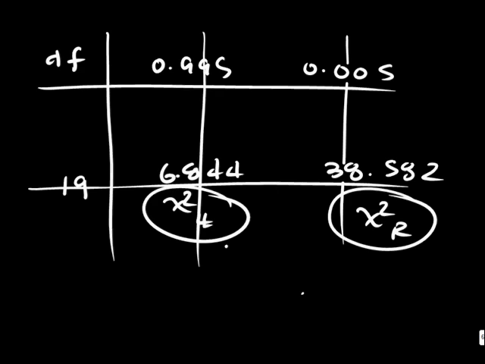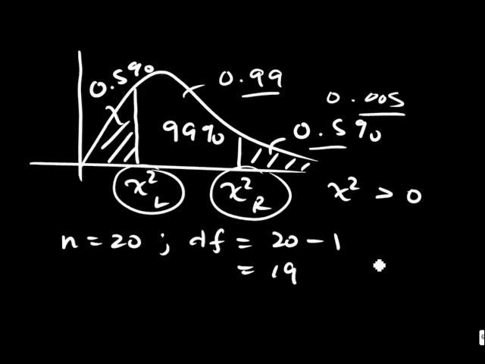So we got chi-square L, chi-square R. This also, to be clear, is a 0.005. 99% confidence level.